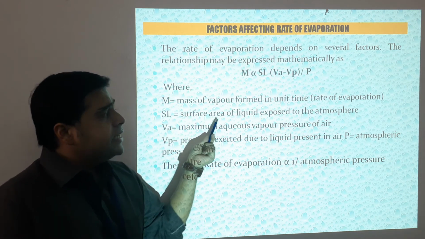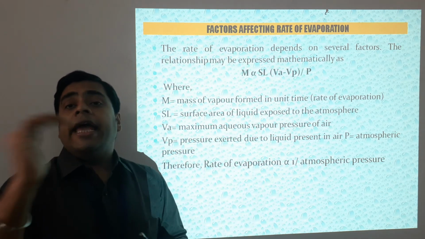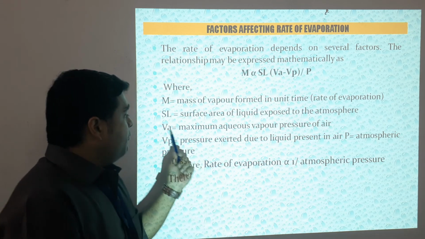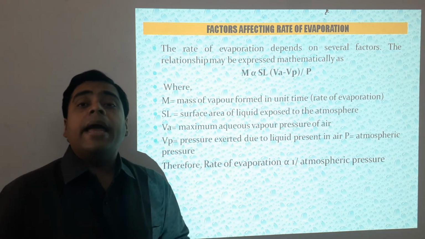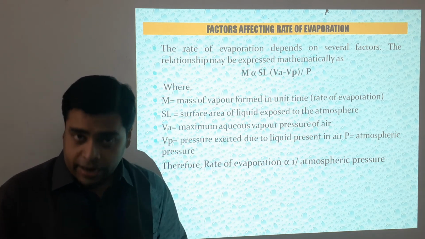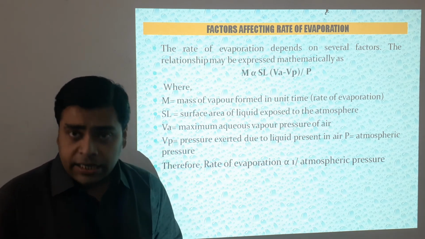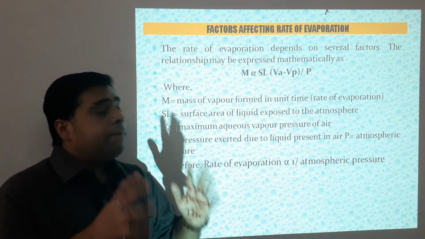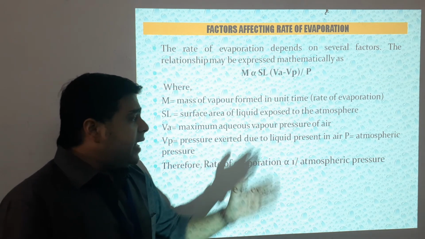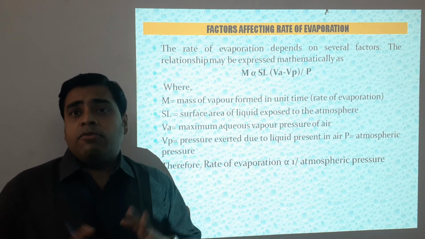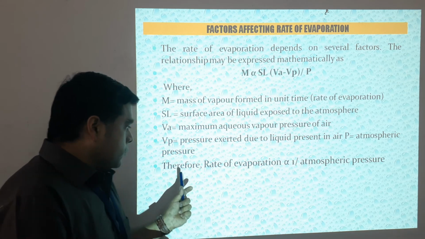SL is the surface area of the liquid exposed to the atmosphere. VA is the maximum aqueous vapor pressure of air. VP is the pressure exerted due to liquid present in air. P is the atmospheric pressure.